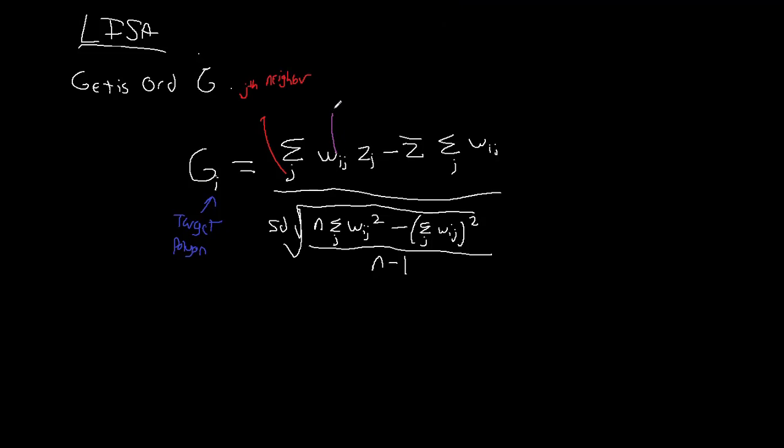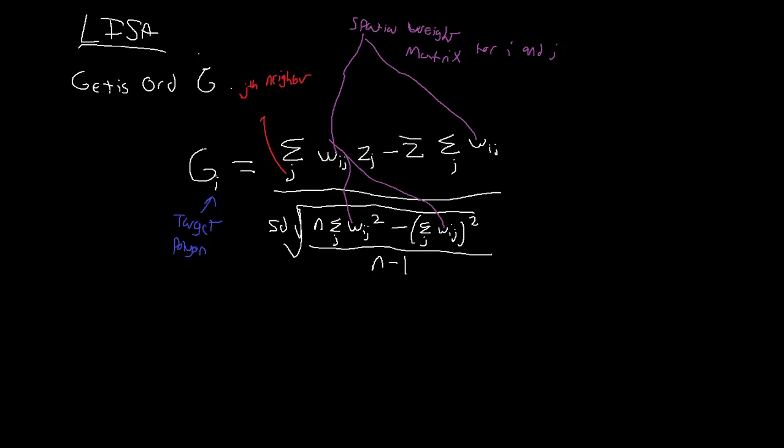This w_ij, anywhere we see that here, here, here, and here, those are the spatial weights matrix for i and j. Again, it's going to be a 1 if i and j are neighbors, and a 0 if they're not.